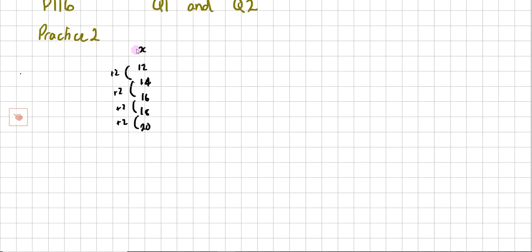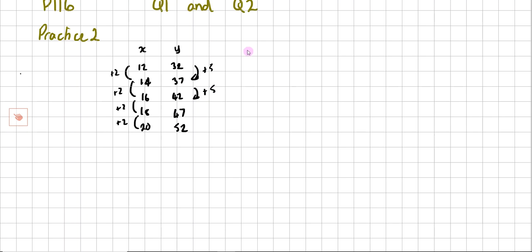And then we look at what happens with the y. Well, it goes 32, 37, 42, 47, and 52. So that goes up 5 every time. So what that means is, it's nice and easy.